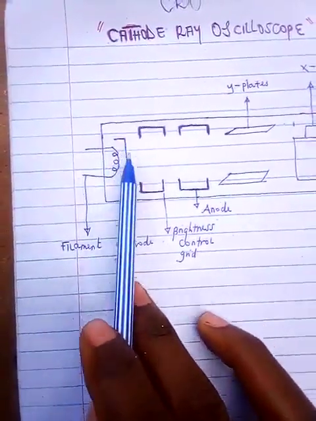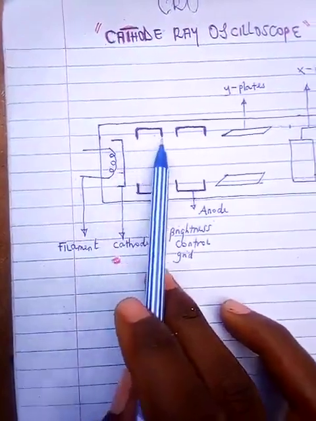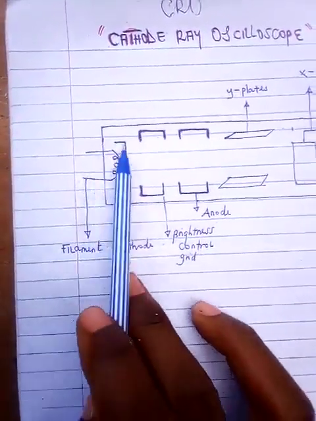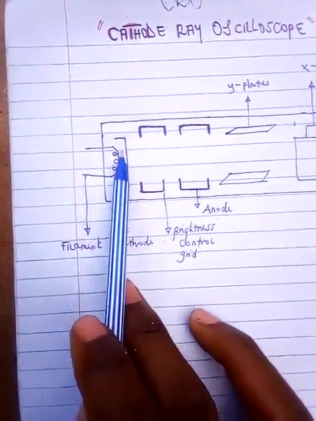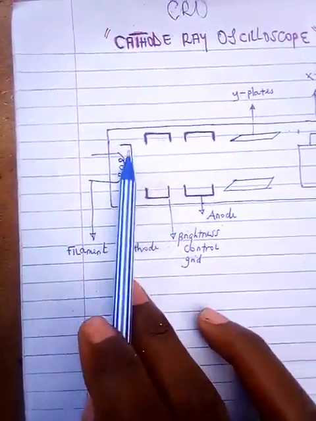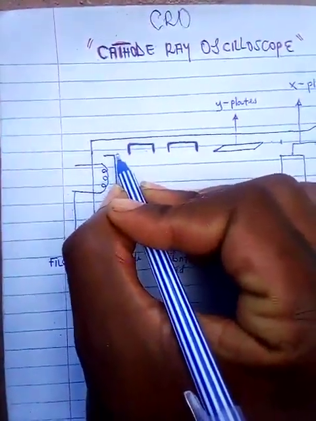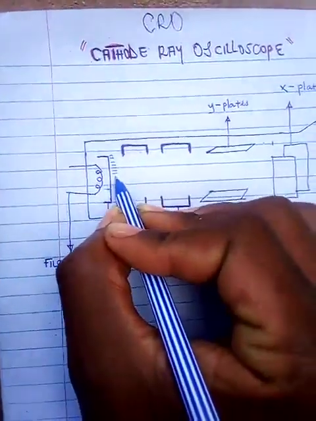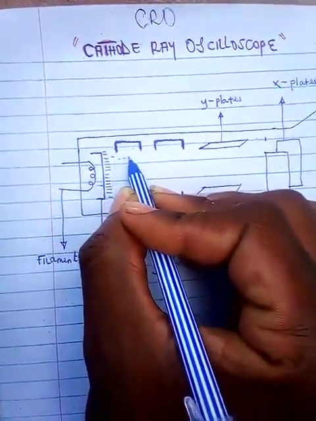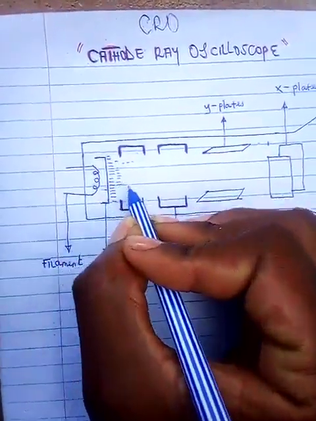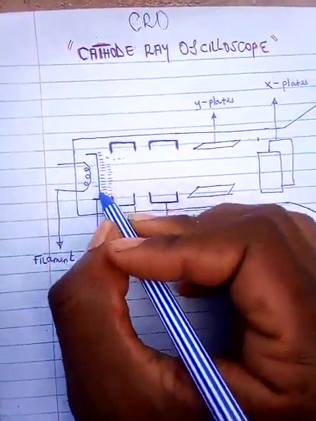This increase in kinetic energy forces them to be released from the cathode metal. So these electrons are going to be emitted. They start being released and begin to move, having gained enough kinetic energy to leave the cathode.